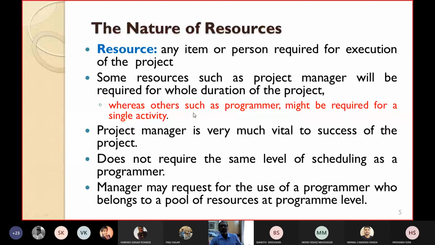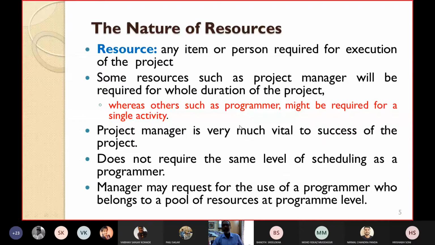But some other manpower, such as programmers, might be required for a single activity. A programmer will be required only for the coding activity, a designer only for the designing activity, and a tester only for the testing activity. You know already that the project manager is vital to the success of the project. If he is efficient, the project will succeed.